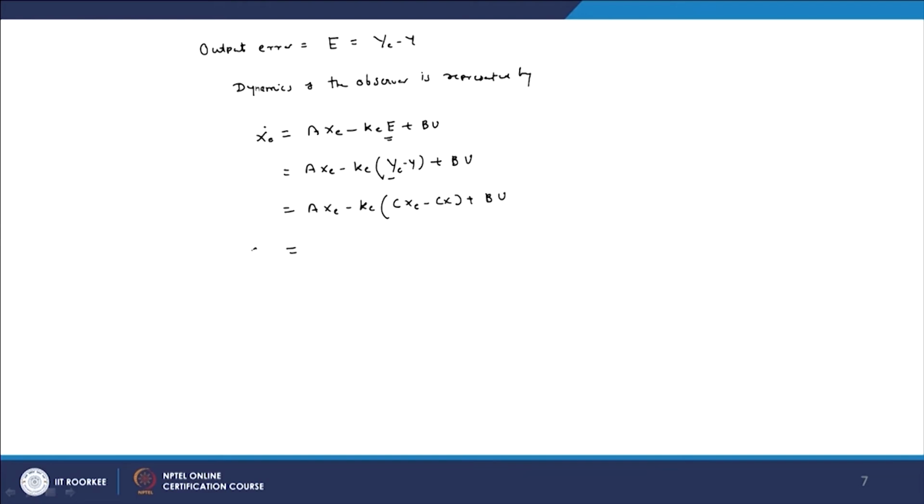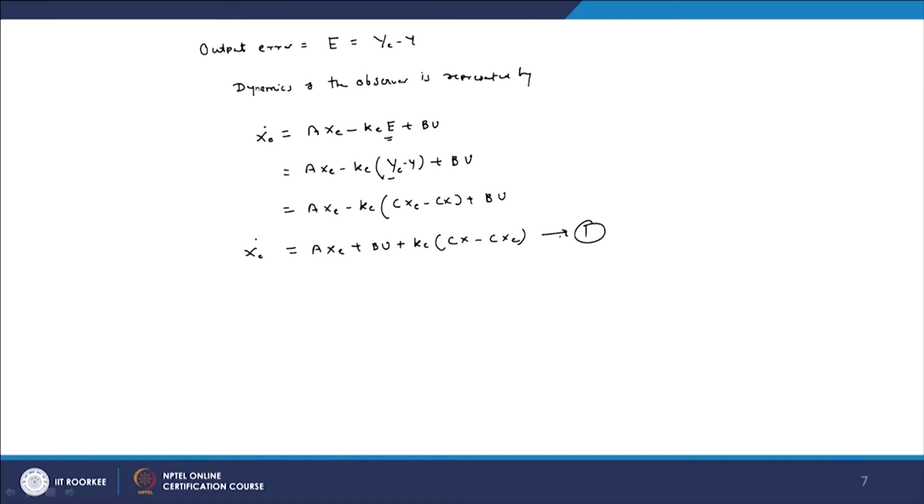This can be written as xc dot equal to a xc plus b into u plus k into c x minus c into xc. The negative has changed to positive. Let us say this is equation number 1.